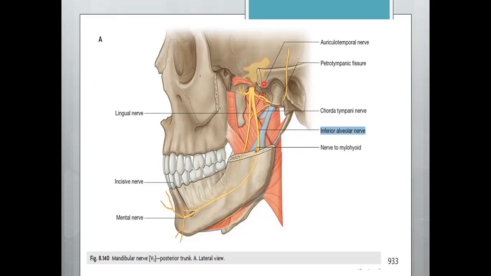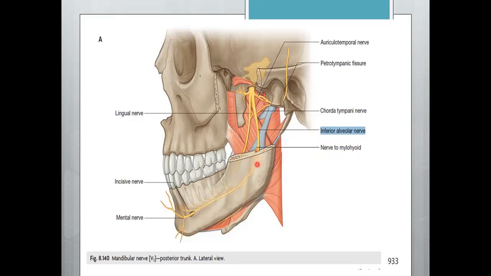So the mandibular nerve, the posterior trunk, it gives off this branch, which is inferior alveolar nerve. It descends downward, it gives off one more branch, which goes to mylohyoid muscle, which is nerve to mylohyoid.